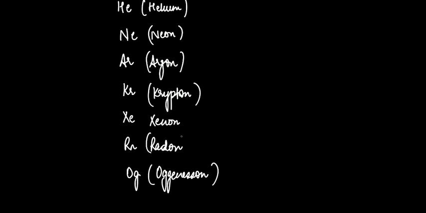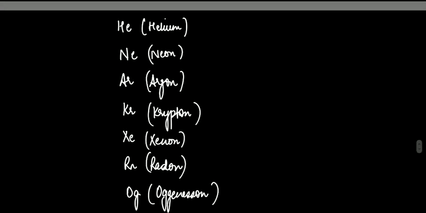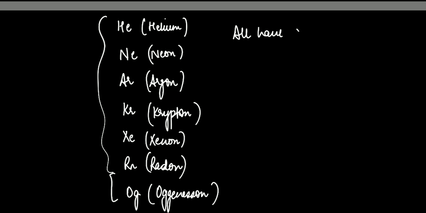Now, these six noble gases, or even oganesson also, all have 8 valence electrons, except helium.